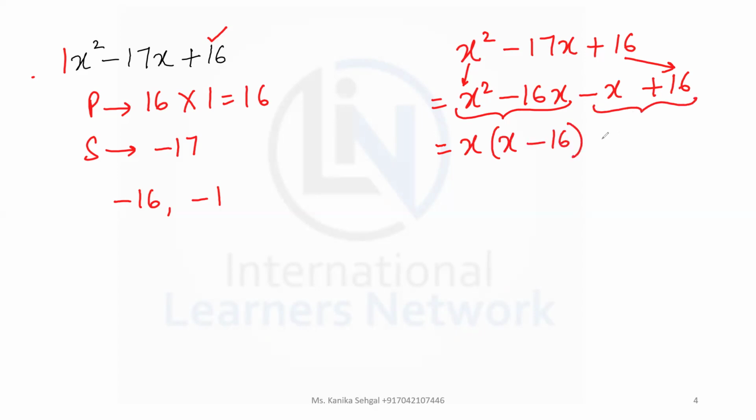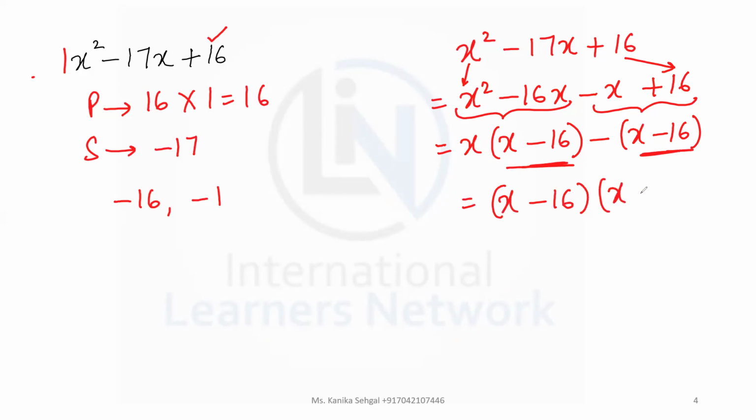From these two terms, we can take negative common so that we get x minus 16. As I told you earlier, you have to take common in such a way so that the brackets are repeated. Now we have this x minus 16 common. We are going to keep it outside. And then we are left with x minus, there is nothing here. Nothing means that's actually 1. 1 usually we don't write. So this is x minus 1. So this expression which was given to us can be written as x minus 16 times x minus 1.